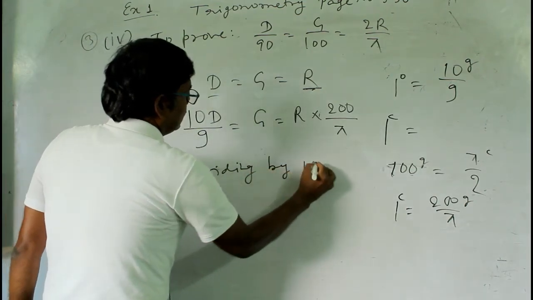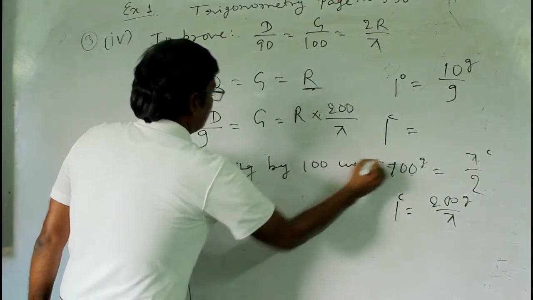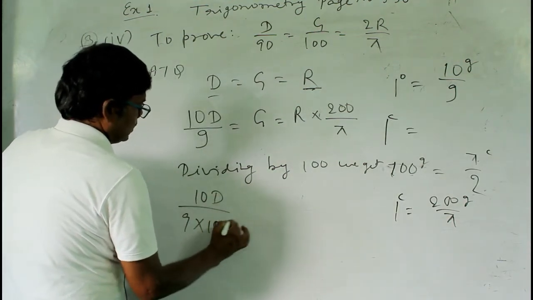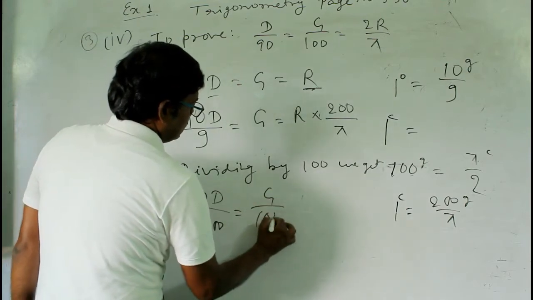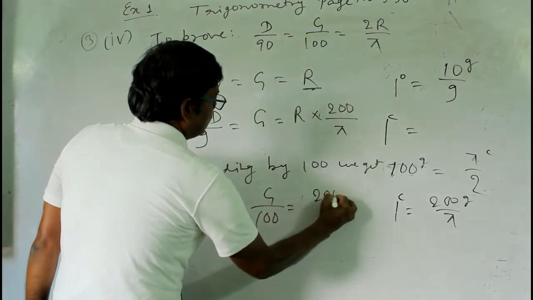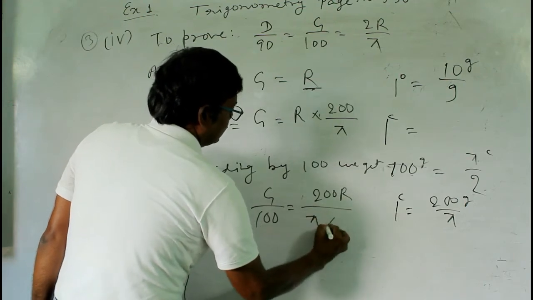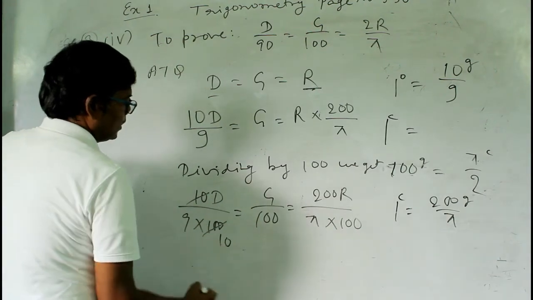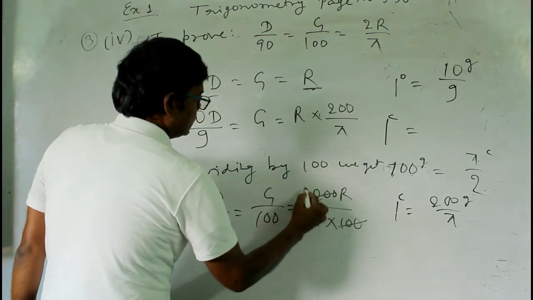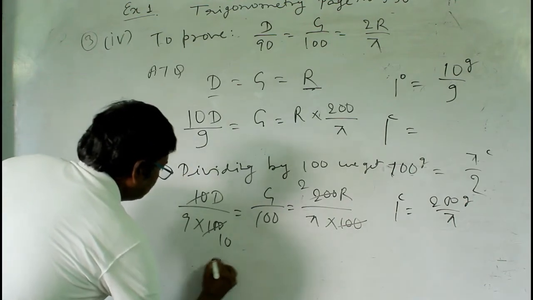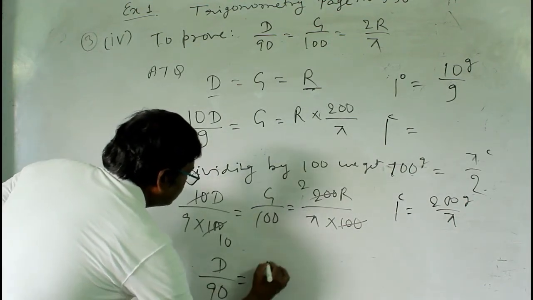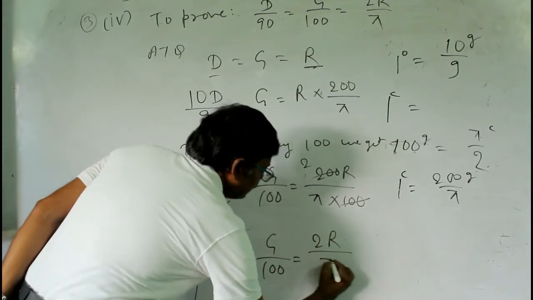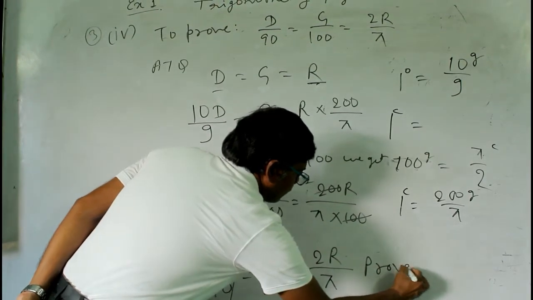Dividing by 100 we get 10 d by 9 into 100 equal to g by 100 equal to 200 r by pi into 100. Now here 10 and 10 cancel, and here this will be 2. So d by 90 equal to g by 100 equal to 2r by pi, and this is proved.